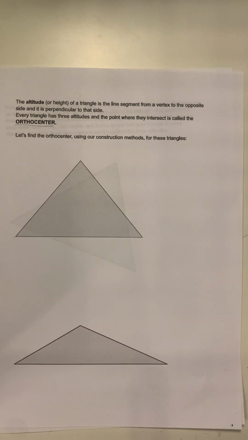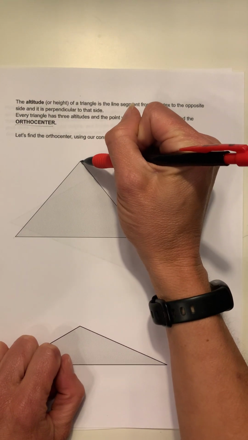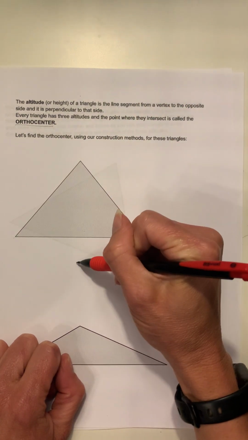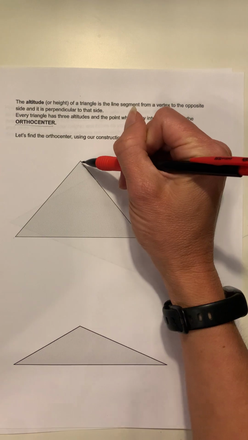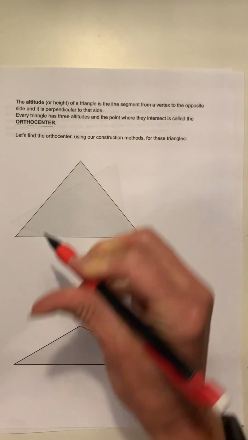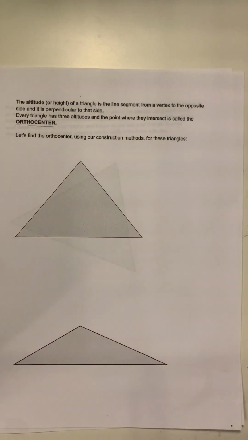So how do I make sure that when I draw a perpendicular line, it runs through a certain point? I have to draw a line perpendicular to this base that also ends up running through that point. Remember, I need 2 points on this line that are exactly equidistant from that point.